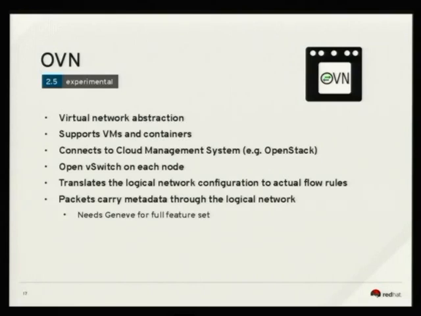So basically this is some kind of generic code that will do the translation from the virtual networks to the low-level OpenFlow rules and flow configuration. So that will make life easier, I guess, for a lot of projects.